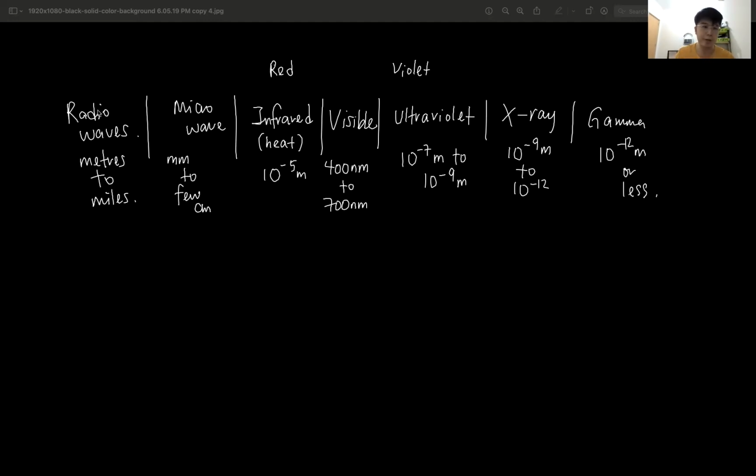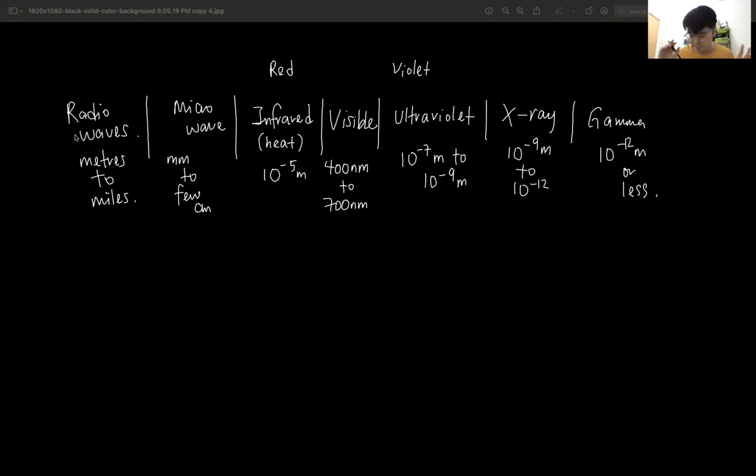If I want to detect radio waves, the wavelength is about meters, right? So I need a device that is at least a meter to pick up the radio wave. If it's shorter than the wavelength, then the wave would just wash through like that.